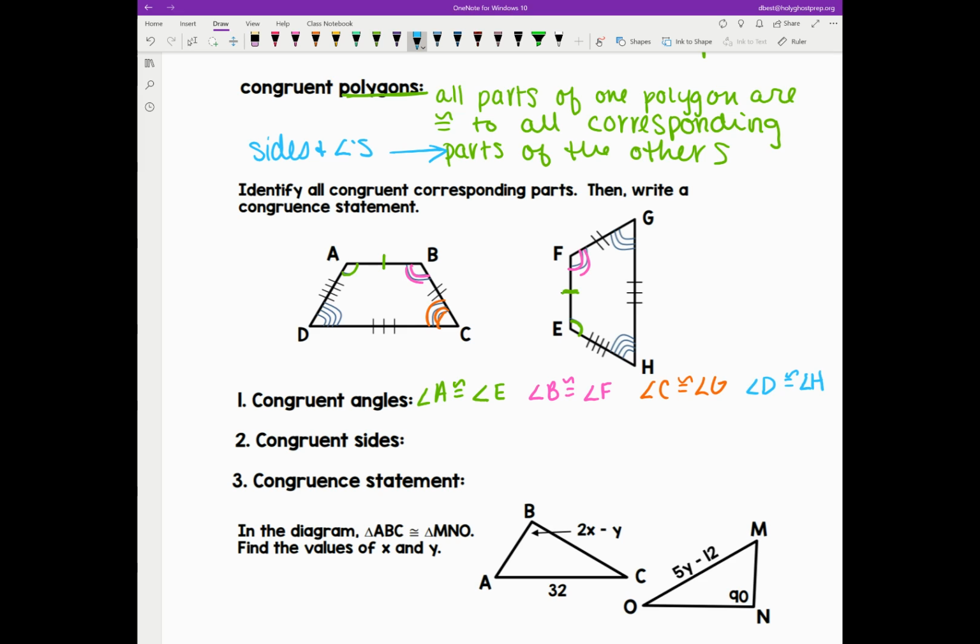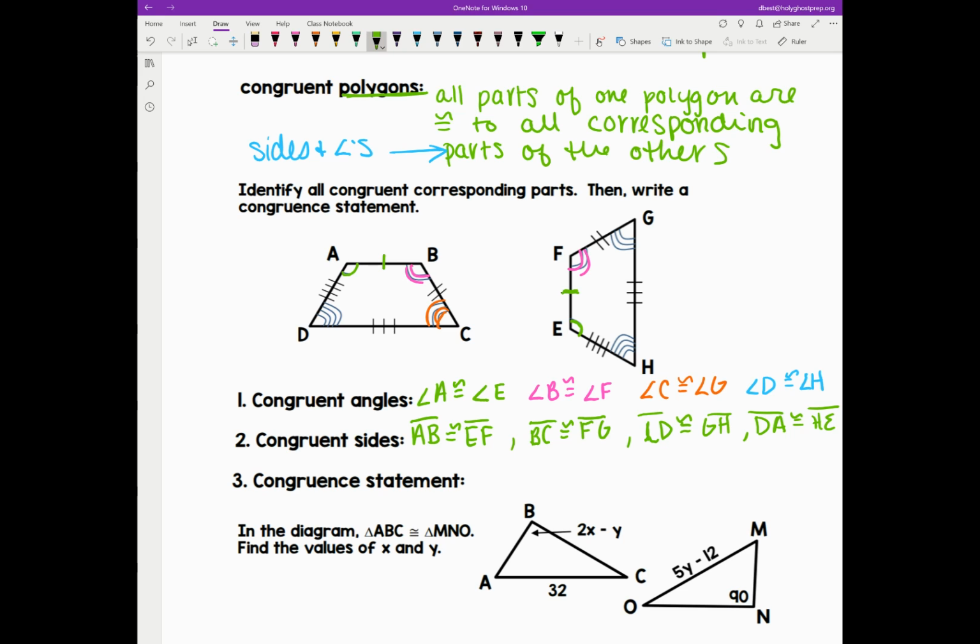Then we're doing the same thing for all of these segment pairs. Congruent sides would be AB and EF, BC and FG, CD and GH, and our last one, DA and HE.